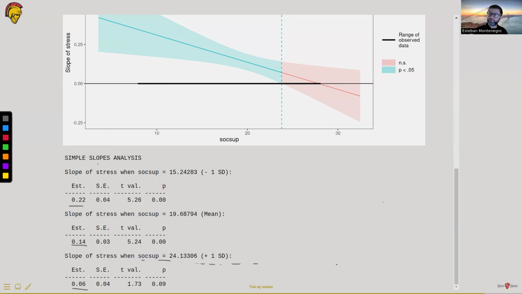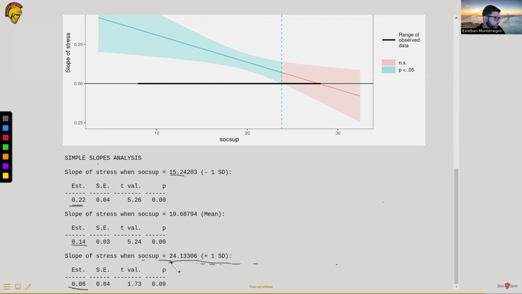So all the things that I did to create new columns in the data set and everything is not necessary. I showed you how you can do it by hand, quote unquote. But you can just run a simple function in R, and it will give you the estimation of the simple slopes. And look at how the relationship between stress and depression decreases when you are high on social support.